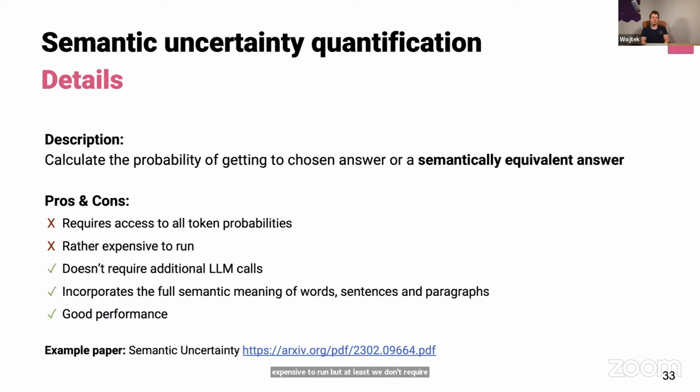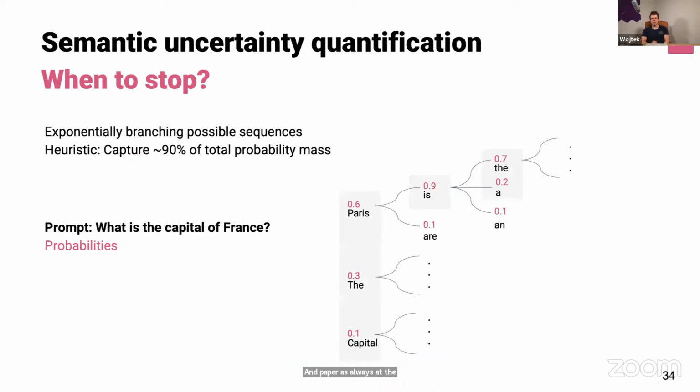And it does incorporate, and this is really unique among, I think, most of the approaches here, the full semantic meaning of words, sentences, and paragraphs. So we're really looking at it from the language perspective and not just a single word perspective. And it does give good performance, of course, because of that. And the paper, as always, is added at the bottom of the slide.